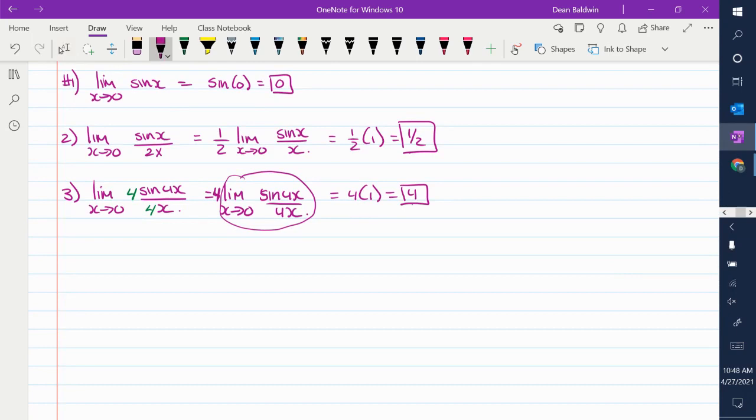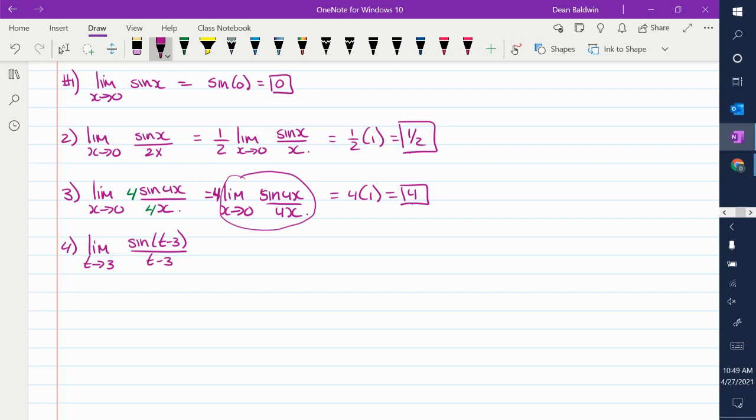Let's do a couple more of these sine ones. So that's the limit of sine of t minus 3 over t minus 3 as t goes to 3.